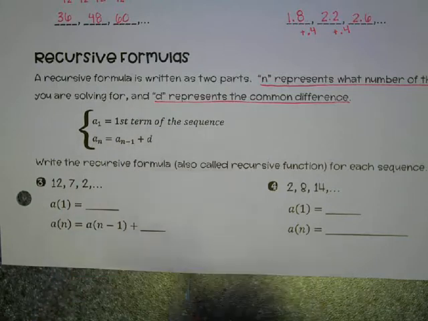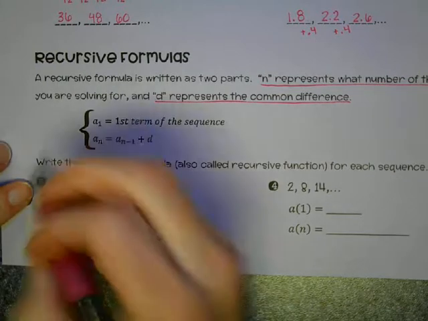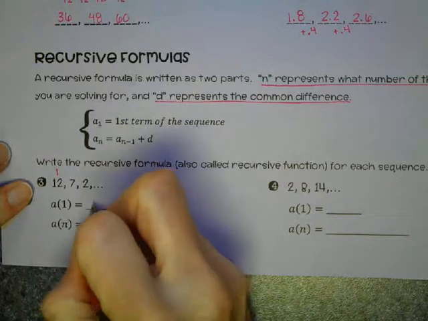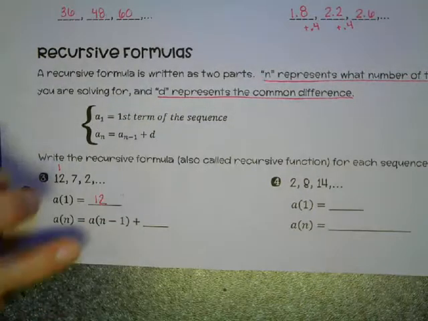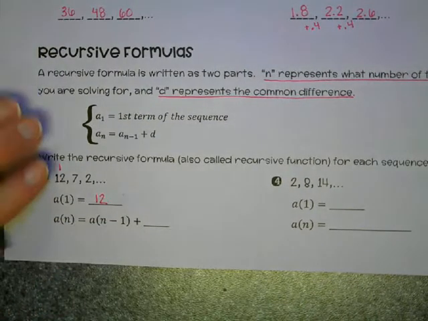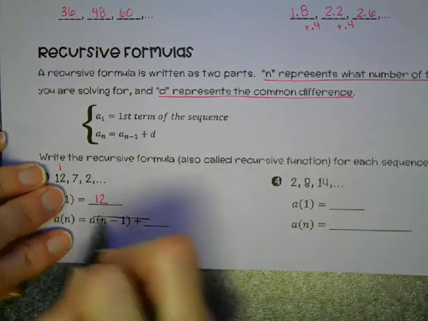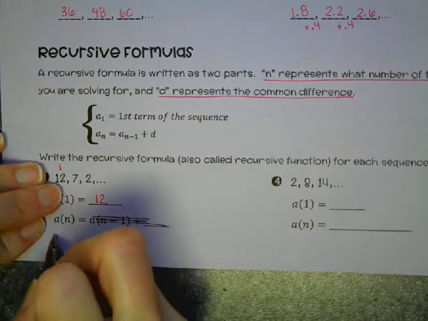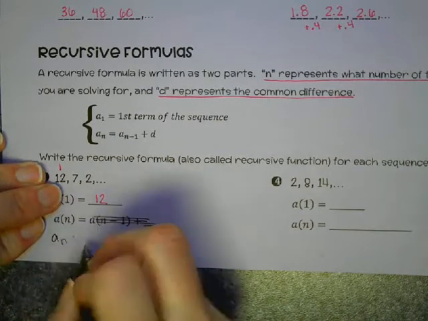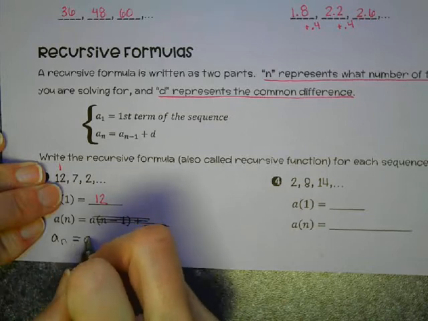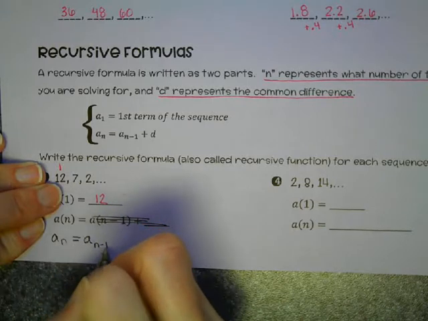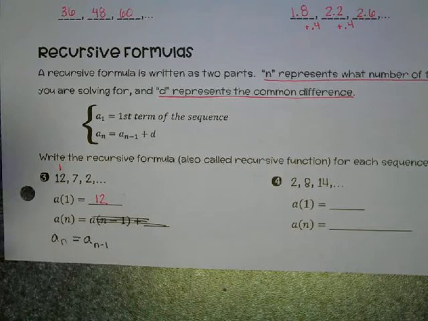So in this problem, the first term here, this is the first one, that would be 12. I'm going to cross that off because it didn't show the subscript, and we're just going to write it below it. It should look like the A, and the N minus 1 should be what's called a subscript. It should be little letters. And then you do plus.